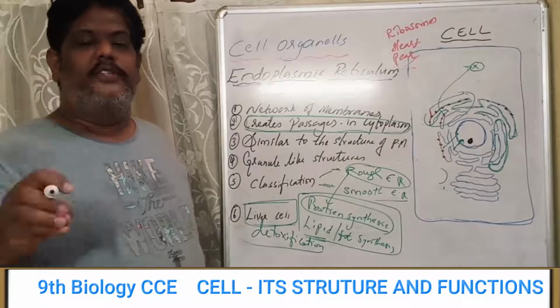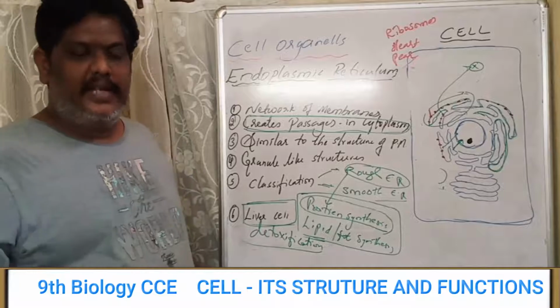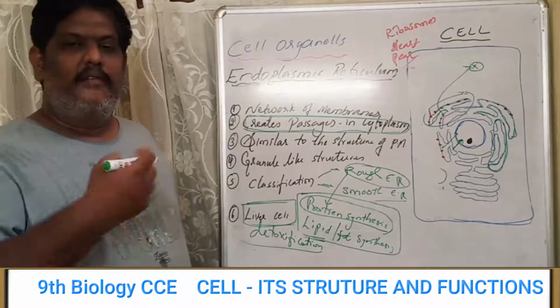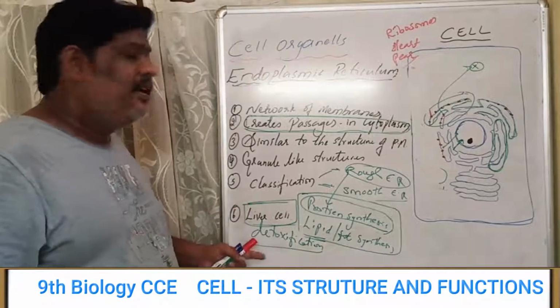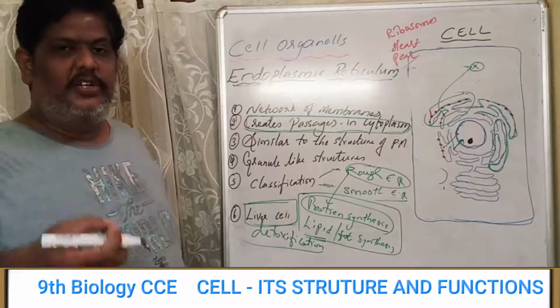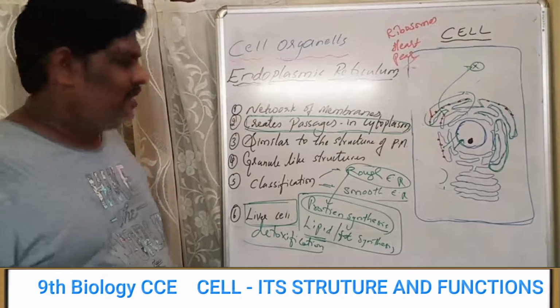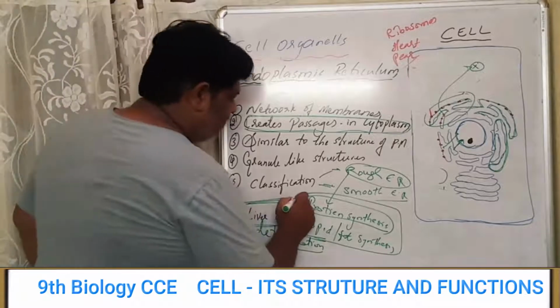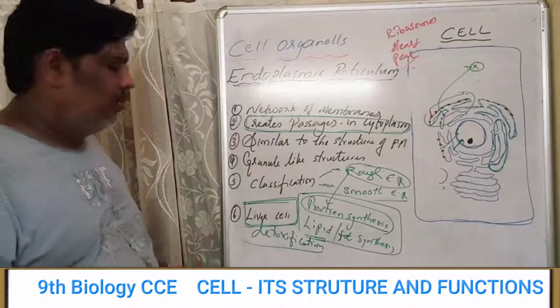Removal of the toxins from the medicines or the drugs which you intake. So when you take medicines or drugs, or when you eat something which has some toxic material in it, liver cells will detoxify them. They neutralize the action of the toxins. Okay, so that is the major question which comes in the examinations in choose the correct answer. So be aware of that.